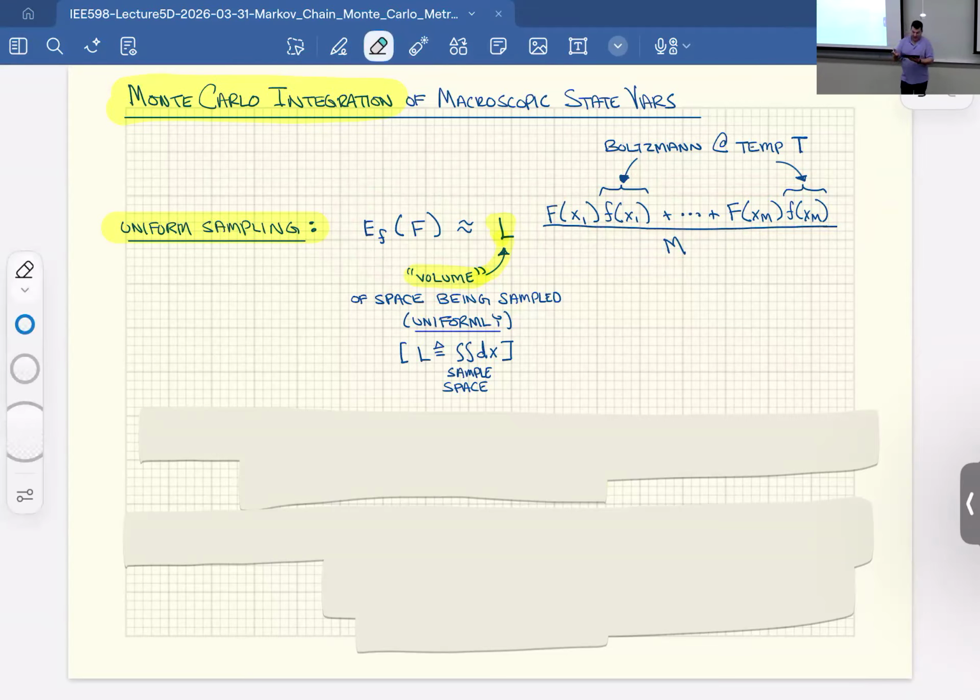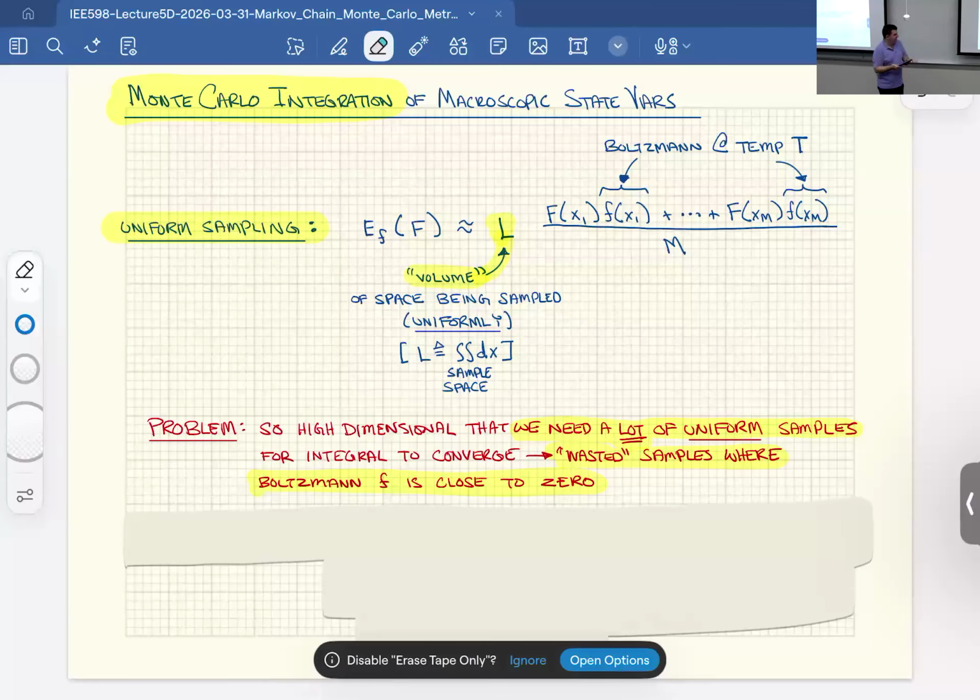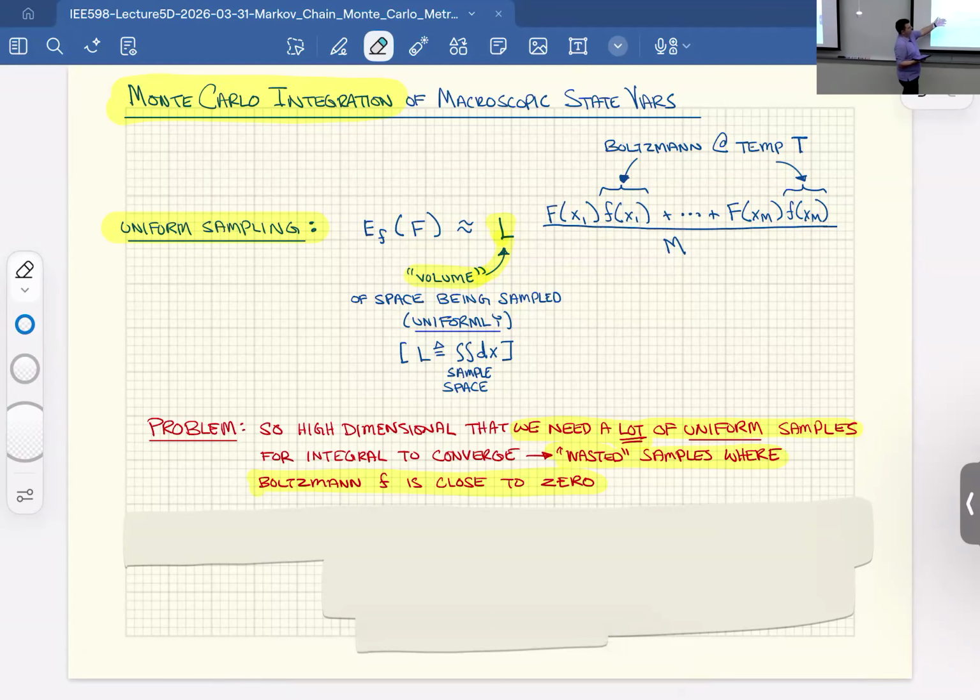And that's okay, but a problem with that is that we're going to need lots and lots of uniform samples for this to converge, and a bunch of those samples are going to be wasted because they're going to be considering microstates that are very improbable. I technically have to sample uniformly over every possible microstate in this room. But some of those microstates will be extremely high energy microstates. They'll be microstates that you would not expect in the max entropy distribution.